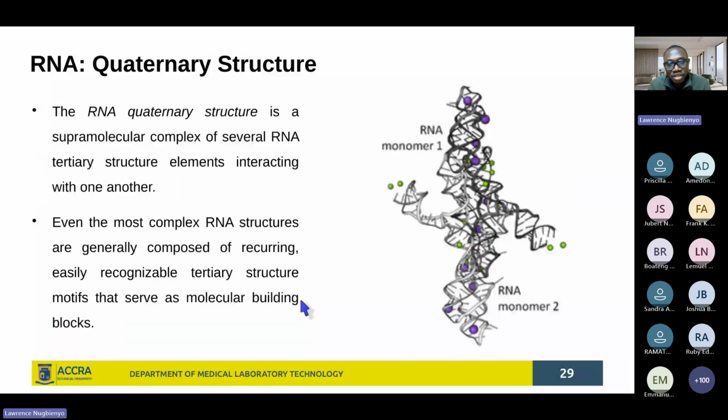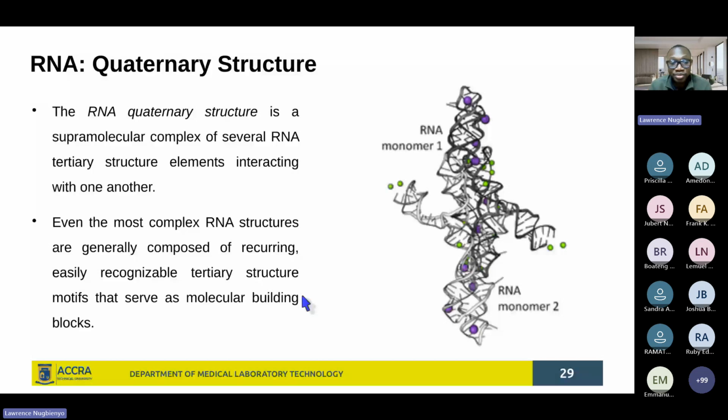Then there can also be quaternary structure of RNAs. It's just like when you were studying proteins, you refer to the quaternary structure of proteins, where you have proteins with subunits that come together to form a molecule and act as one.